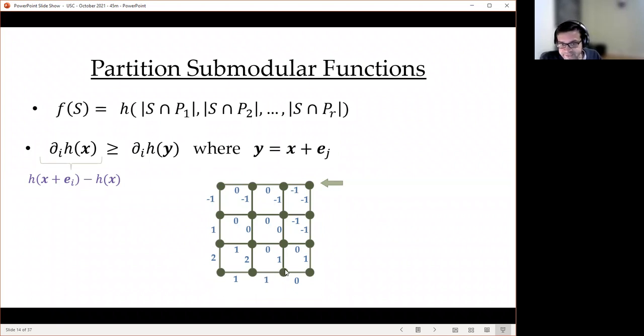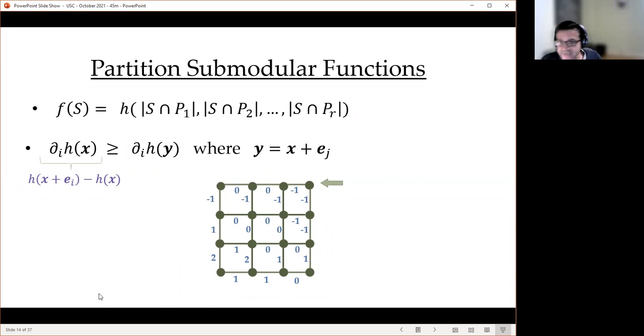In particular, a point here, which is (3, 0), says I take 3 elements from this part, maybe it's P1, and 0 elements from this part. What are the numbers on these edges? The numbers on these edges are these delta i h of x, right? So writing 1 here means that when I go from this point to this point, the function value increases by 1. When I go from this point to this point, the function value does not increase. When I go from this point to this point, the function value goes down by 1. So this is a different way of representing the function h, just by the marginals.